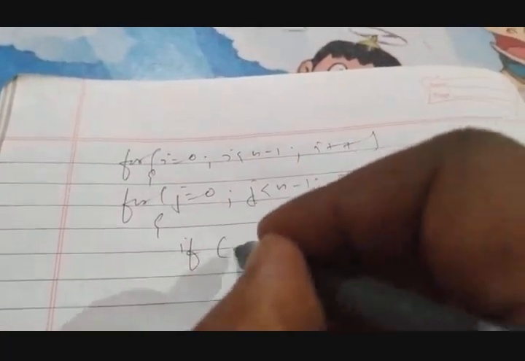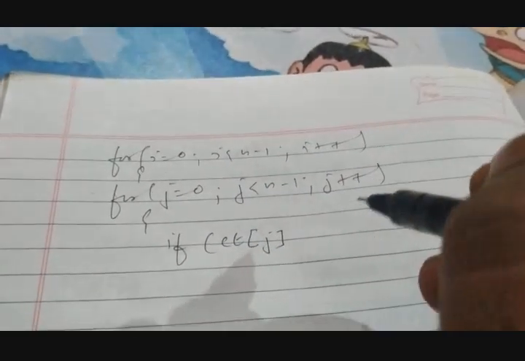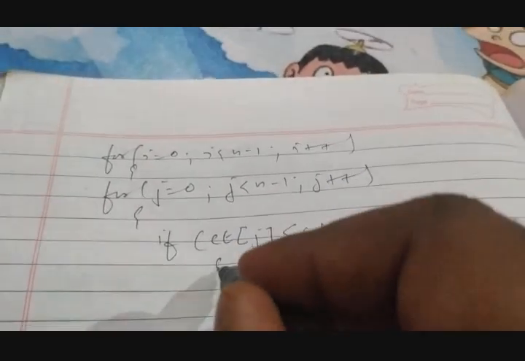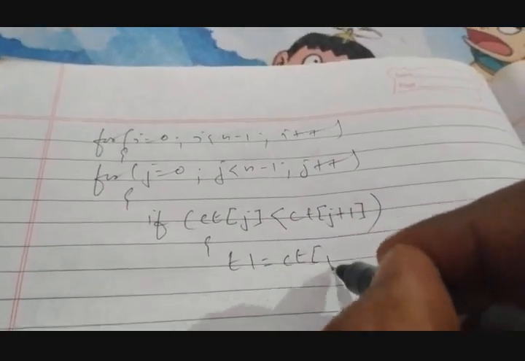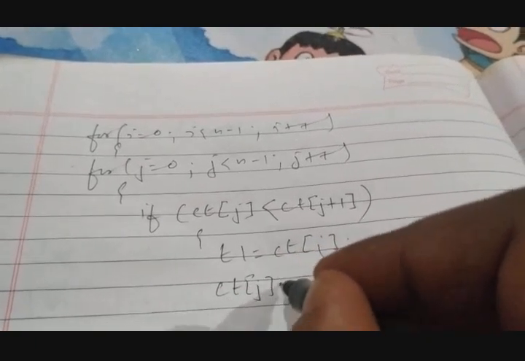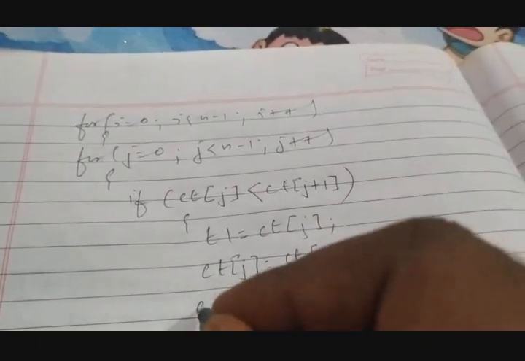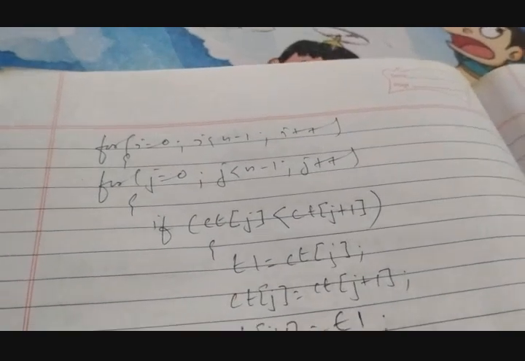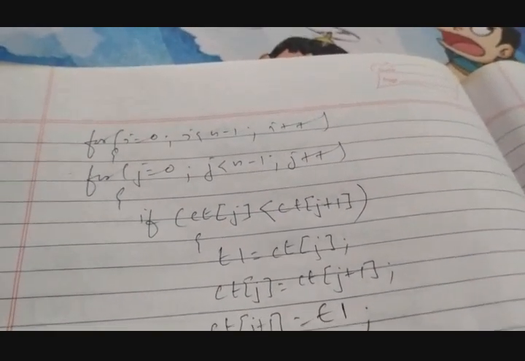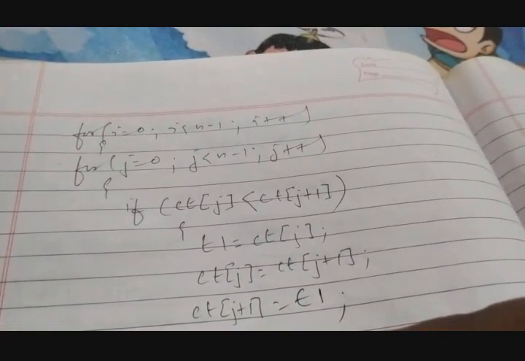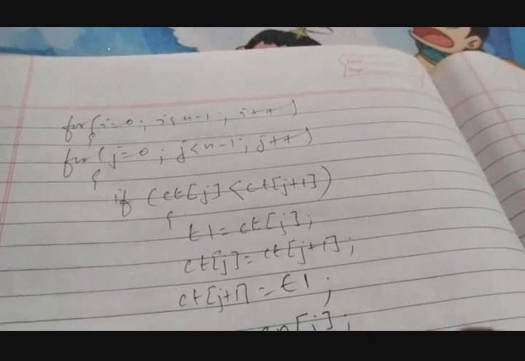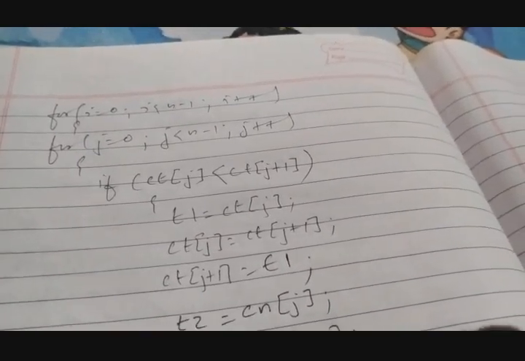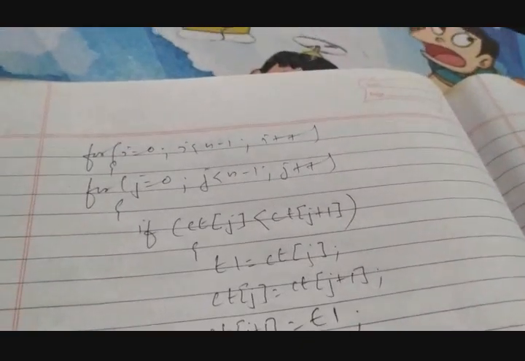If ct of j, ascending करना है, descending करना है ना, ct of j plus 1, then t1 equals to ct of j and ct of j equals to ct of j plus 1 and ct of j plus 1 equals to t1. ठीक है, इसी में ही आपको वो भी कर देना है. t2 equals to cn of j, ct नहीं था ना, and cn of j equals to cn of j plus 1 and cn of j plus 1 equals to t2. Close.